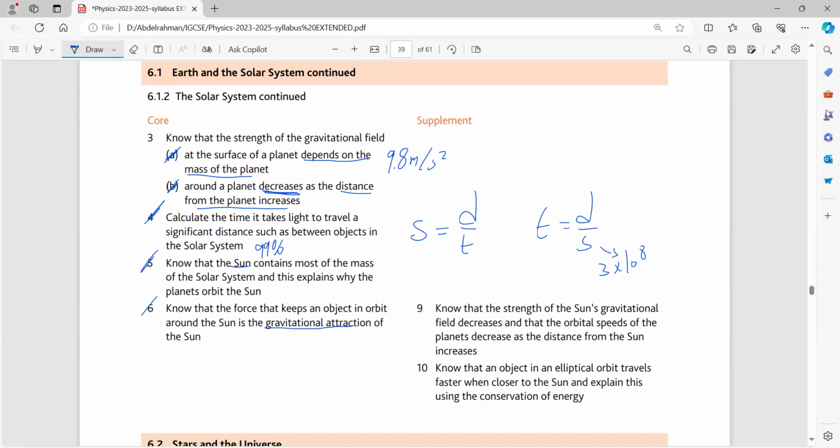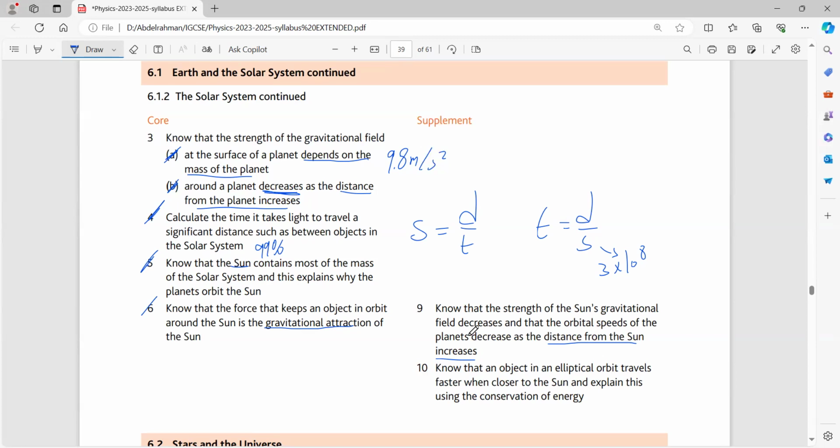Know that the sun's gravitational field decreases, and that the orbital speeds of the planets decrease, as the distance from the sun increases, which is quite intuitive. The Earth is quite close to the sun, but Mercury is even closer. Mercury, Venus, Earth. Mercury is the first planet, so it's the closest planet to the sun.